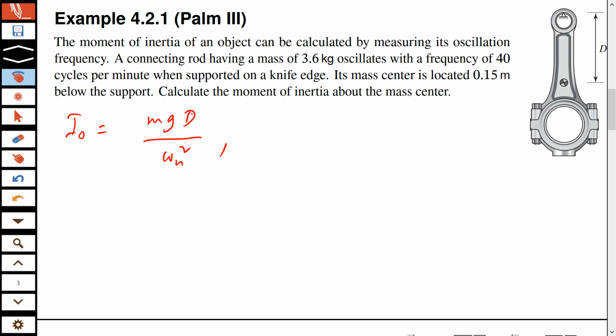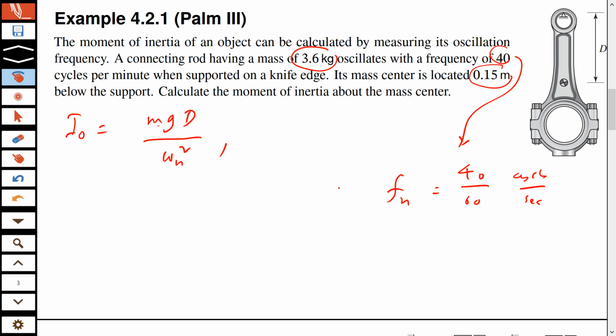Now the question is, m is given, g is 9.8, d is given, okay, so ये तो clear हो गया. अब omega n कहाँ से आएगा? Omega n यहाँ से आएगा क्योंकि that 40 divided by 60 cycles per second is the frequency in cycles.